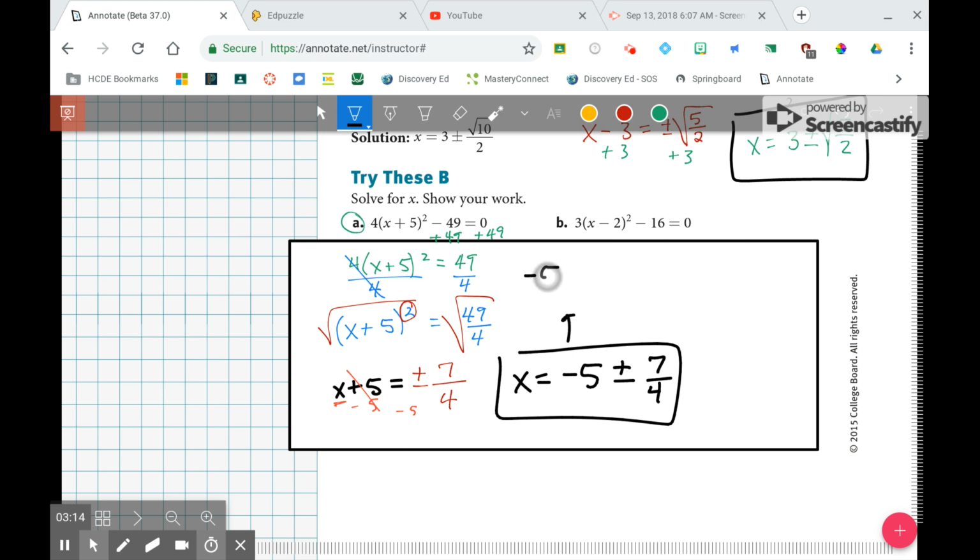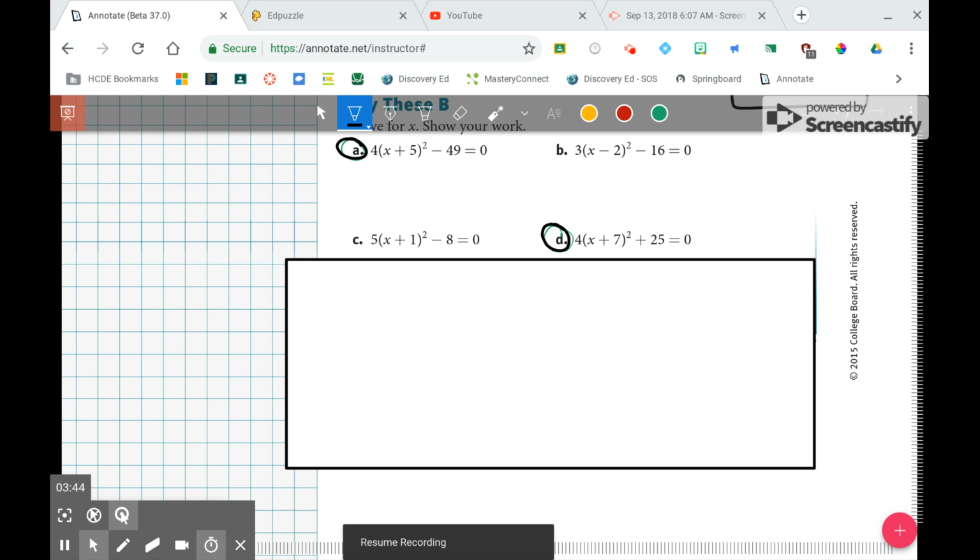It represents negative 5 plus 7 over 4 and negative 5 minus 7 over 4, which negative 5 plus 7 over 4 actually equals exactly negative 3 over 2. And negative 5 minus 7 over 4, that equals negative 17 over 2. But you could have just stopped and gotten your answer here.